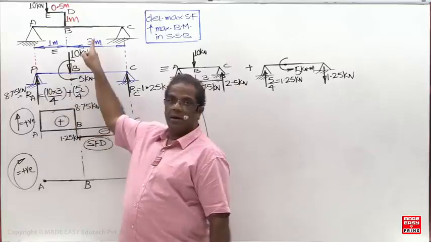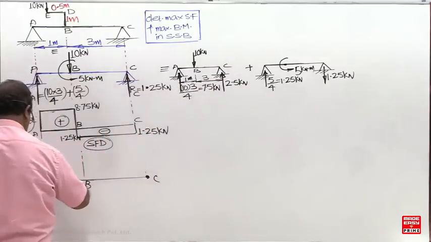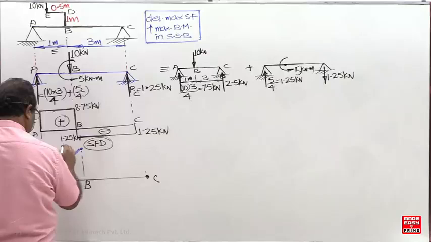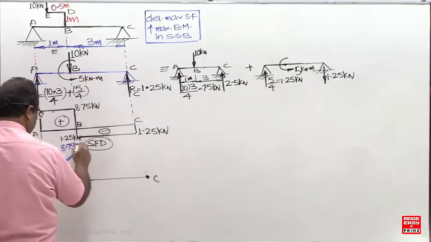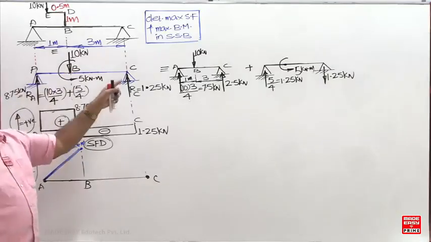8.75 into 1, positive. And it is anti-clockwise.